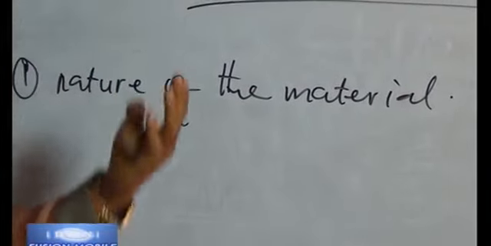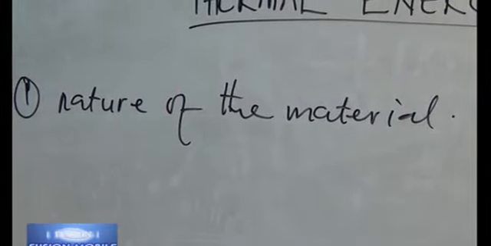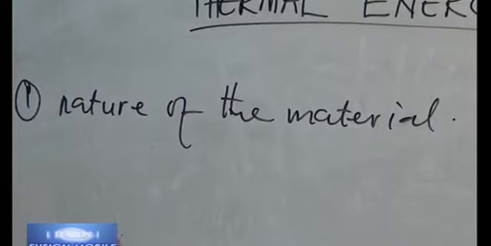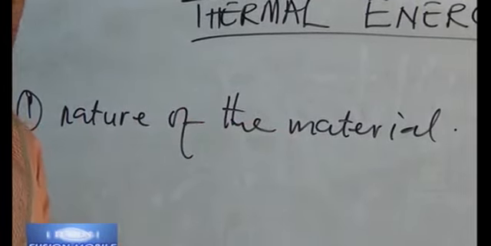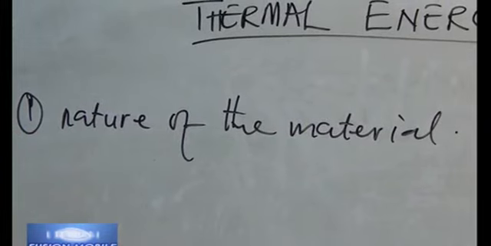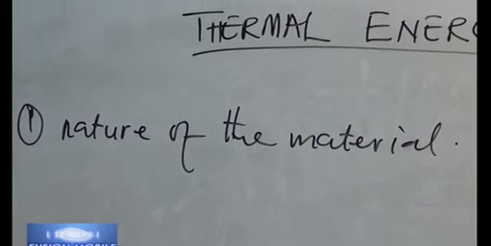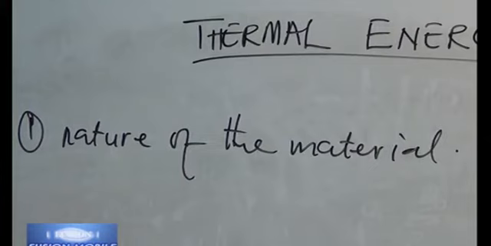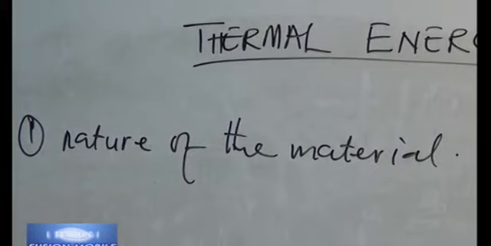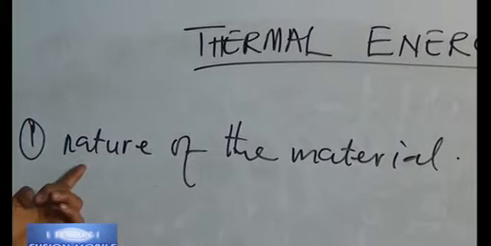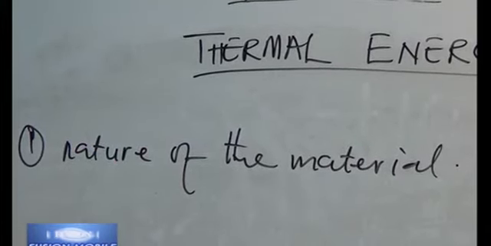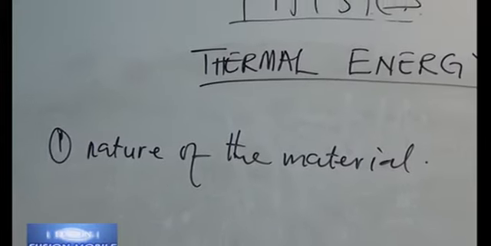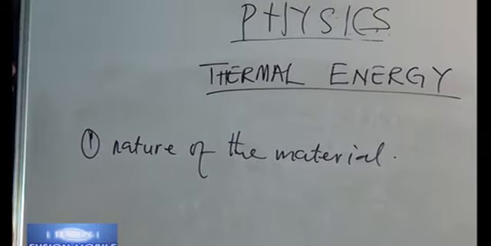If I have a metal and I have a wood of the same size and I place both of them on a stove or a gas cooker, you don't need a prophet to tell you the one that will get hot first. The metal will be hot already while the wood is still acquiring little heat. So we'll say that heat depends on the nature of the material. Why is the metal hot and the wood is not hot even though they are of the same size? Because of what? The nature.